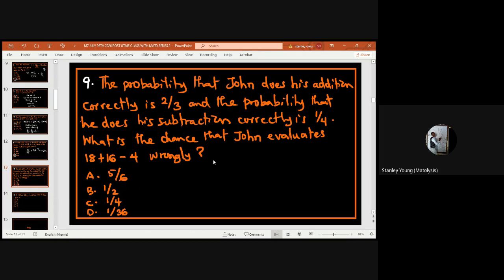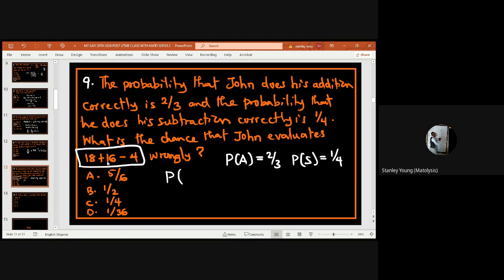First thing you need to do is to find the probability that he does it right. The probability that he does his addition correctly is 2 over 3. The probability that he does his subtraction correctly is 1 over 4. This problem is not just an addition problem.